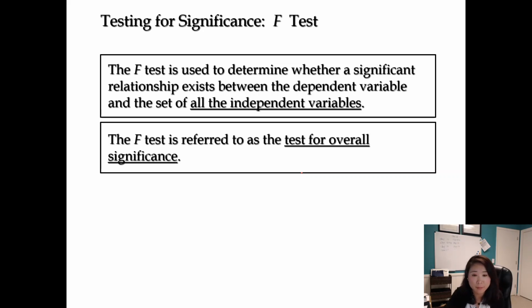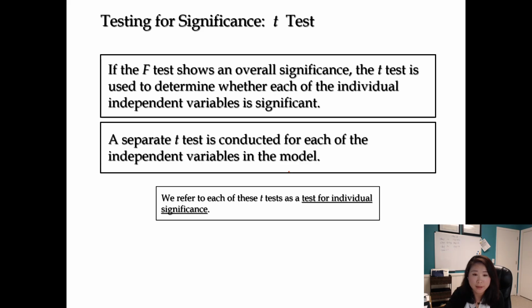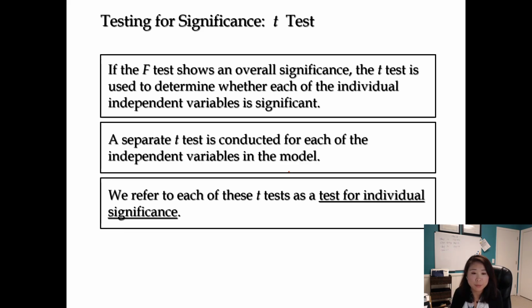As I mentioned, the next step is the t-test. The t-test is conducted separately for each of the independent variables in the model. If your F-test indicates the y variable does have a relationship with this group of x variables, your next step is to figure out which one is really playing a role in connecting with y.